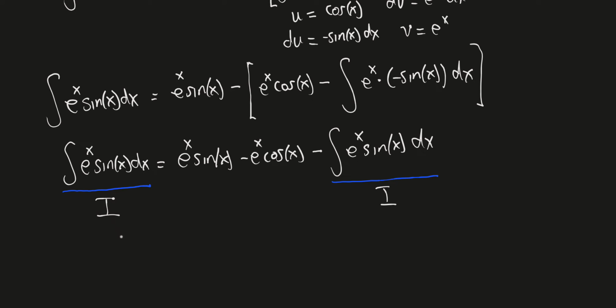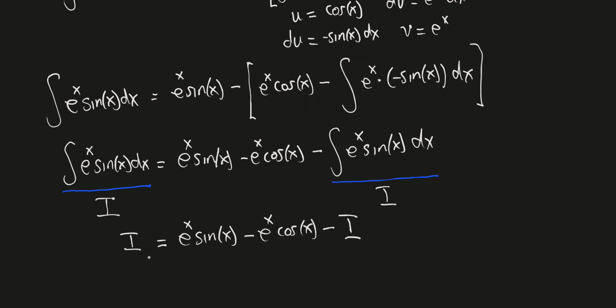Let's say we have I equal to e to the x times the sine of x minus e to the x times the cosine of x minus I. If I gave you this equation and said solve for I, hopefully this is what you would do.